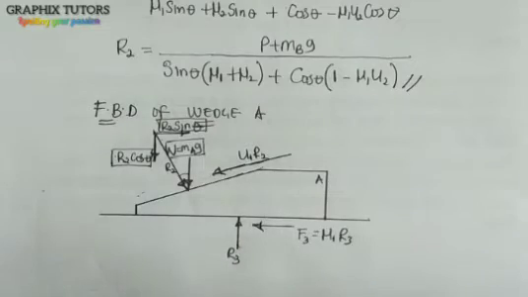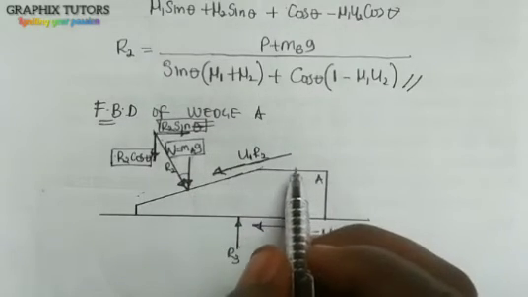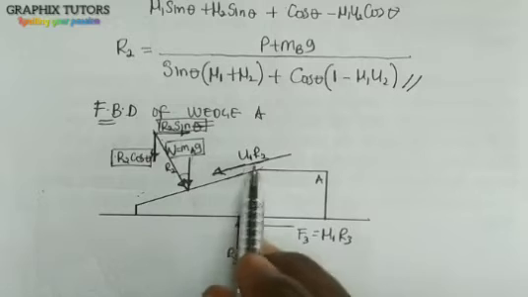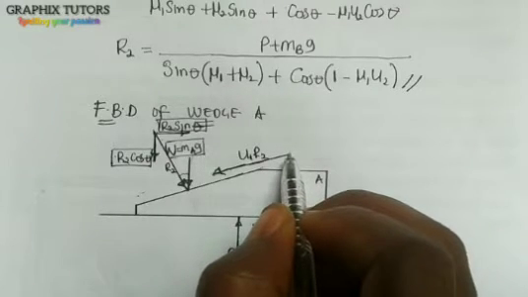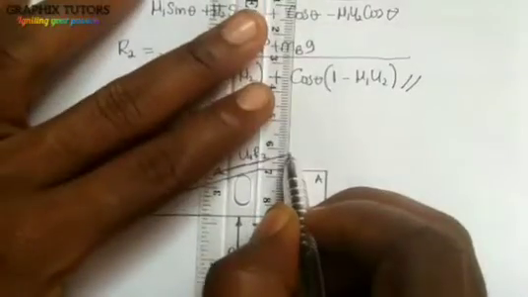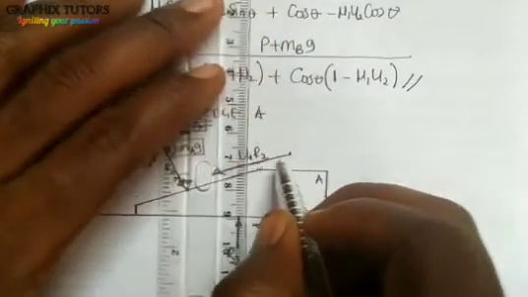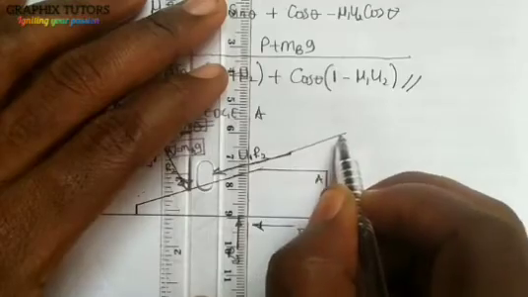right? This is the weight acting straight downward. Now this is also inclined. We're going to resolve it. So in resolving it, it will be this coming up this way. Just a little bit extended up so we know what we're dealing with.